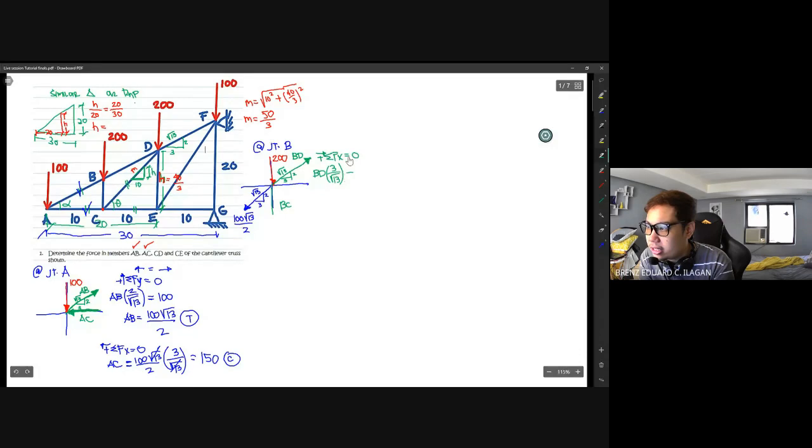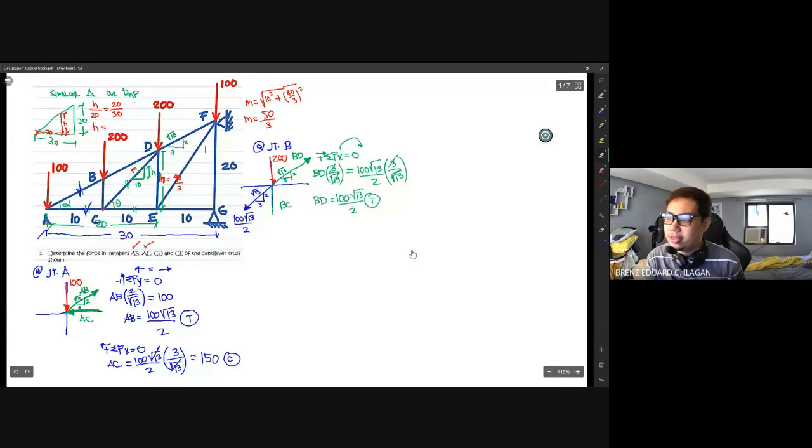So, itatranspose ko o ililipat ko na sa side na yon para maging equals, tapos positive na: 100 square root of 13 over 2, and then multiply by 3 over square root of 13. Pareho lang sila. Ito cancel. Itong baba will also be cancelled. Therefore, yung BD mo is just equals lang sa 100 square root of 13 over 2. Okay? So, guys, naniniwala na? So, that is in tension.